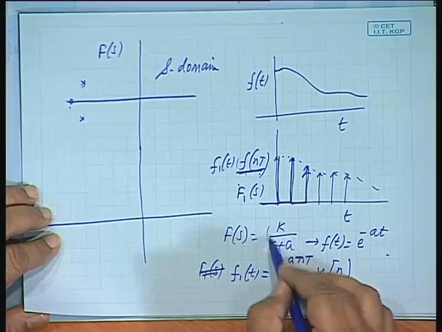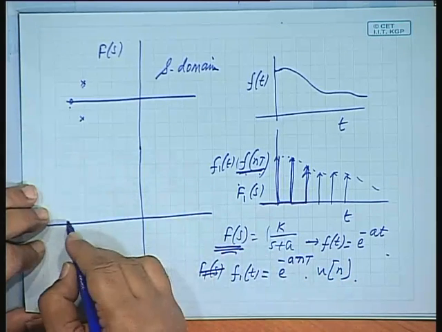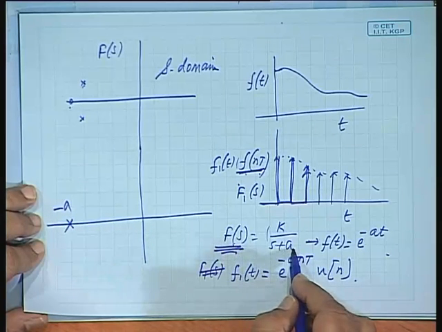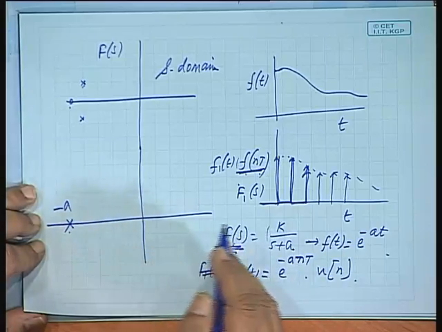For k by s plus a, in the original time domain, the root was at minus a, is it not? So, if F(s) is having a root at minus a, what will be the roots of the discrete version, that is the Laplace transform of the discrete version, that is F1(s)?